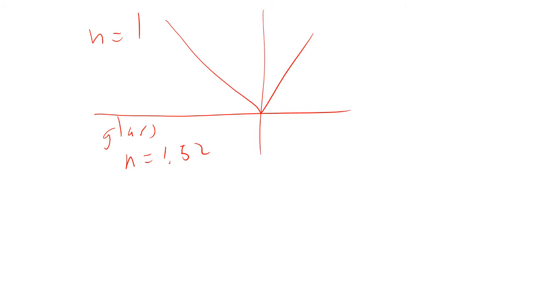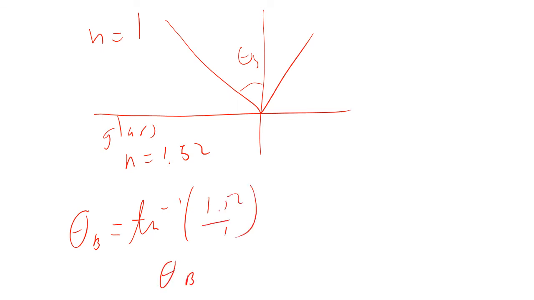So again, we get a Brewster angle. The Brewster angle is going to be the inverse tangent of 1.52 over 1. So that turns out to be 56.7 degrees.